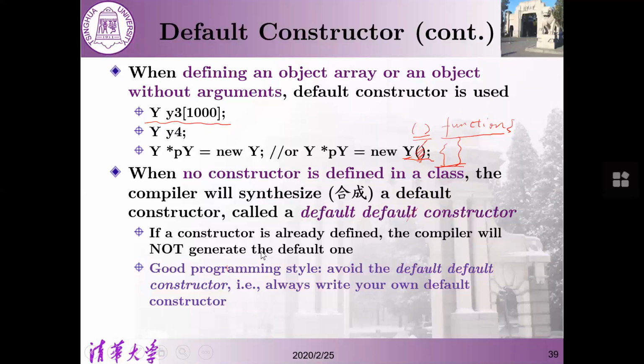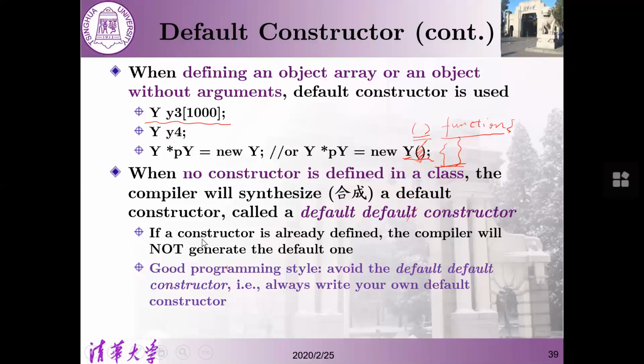Am I clear? Because there's no constructor, the compiler synthesizes one, so there's one default. Another default is for no arguments. So this is called a default constructor synthesized by the compiler.